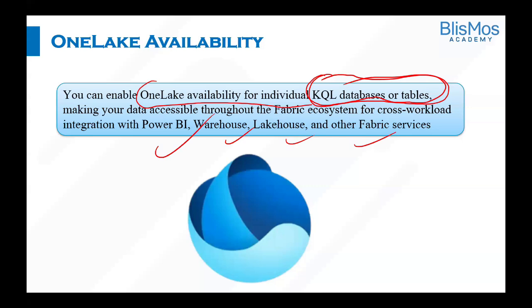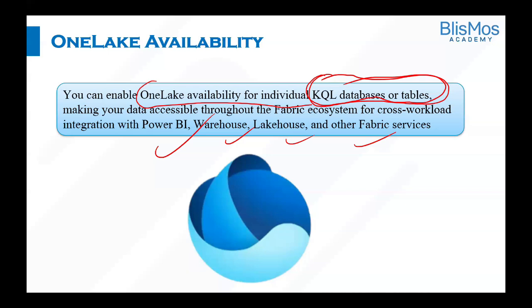You got it, Anna? Yes, sir. We are making the data in a KQL database available to other systems through OneLake. Okay, you got it? Fine. Any questions here? One more, please repeat it, sir. So see, as I said, now KQL database is not directly a part of OneLake. Now, the data which is there in the KQL databases may be required for other services, right?